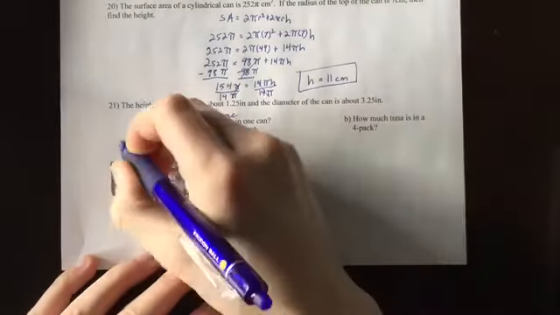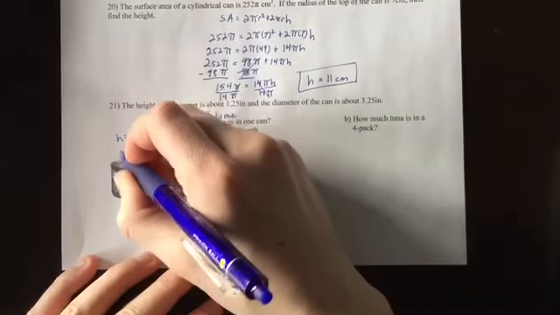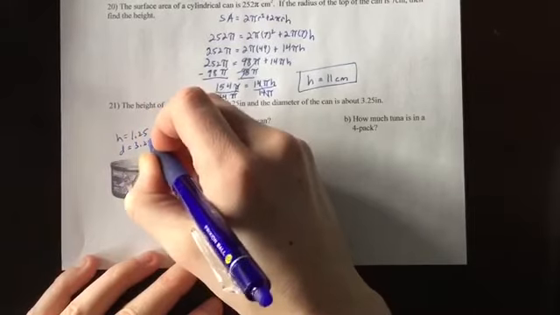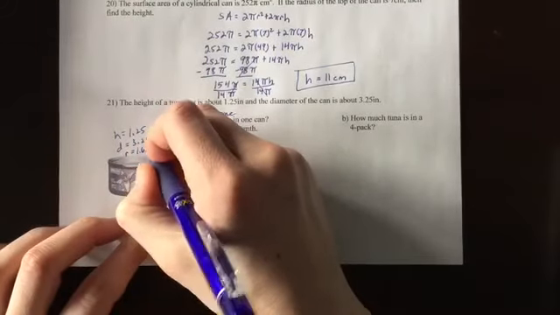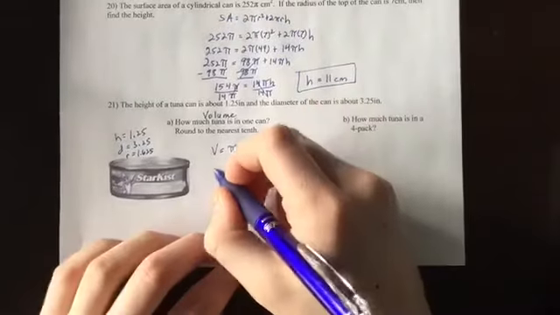Okay, we're told that the height is 1.25, the diameter is 3.25, so the radius is going to be half of that. So 3.25 divided by 2, which is 1.625, and I'm not going to round that yet, I'll use it.